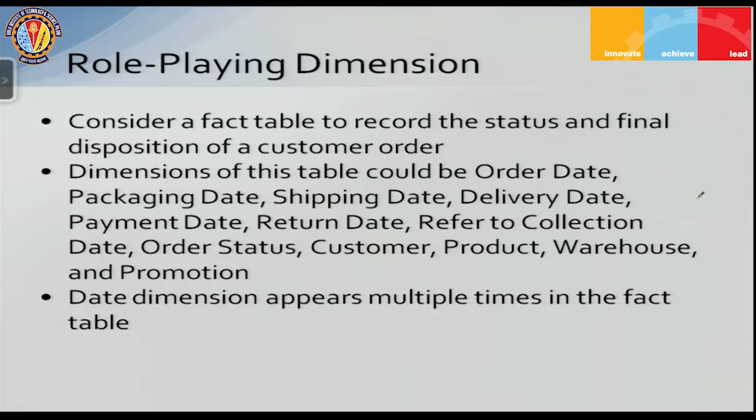These are different dimensions, but you can see the order date, packaging date, shipping date, delivery date, payment date, return date, and collection date are all dates that appear in the fact table. So 1, 2, 3, 4, 5, 6, and 7.